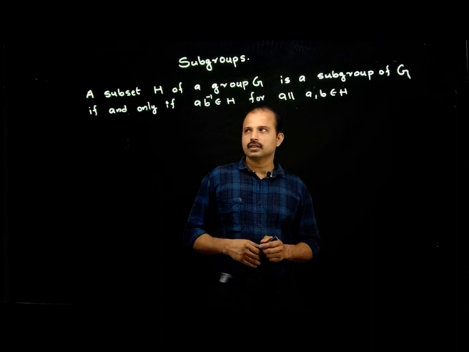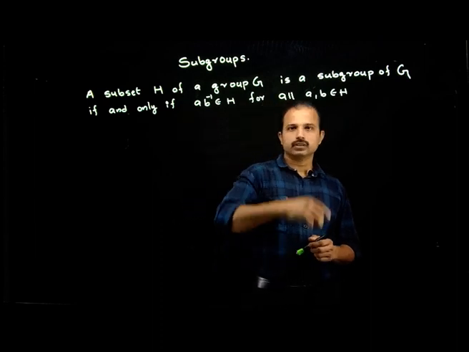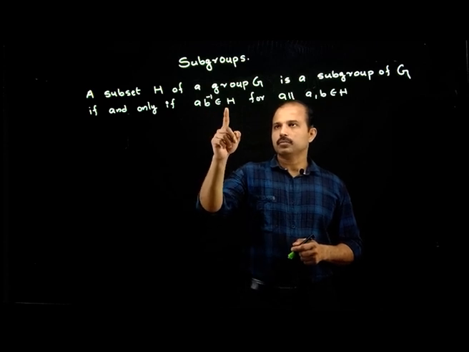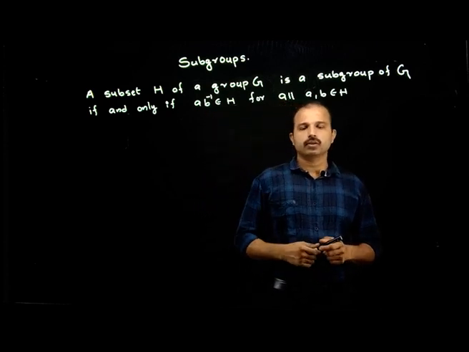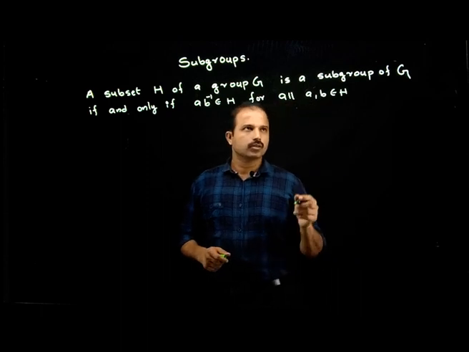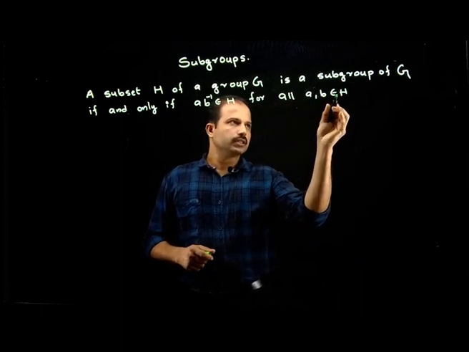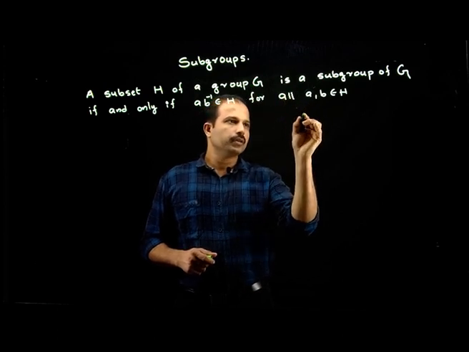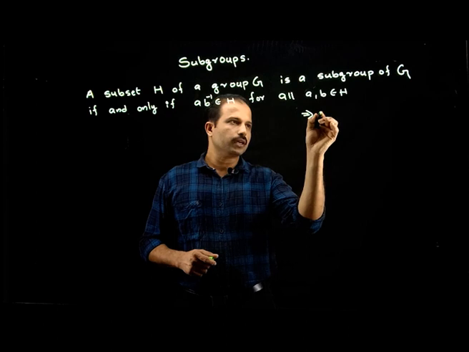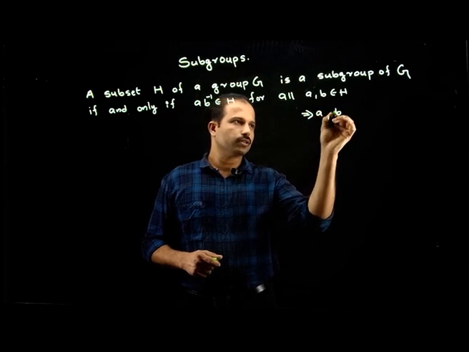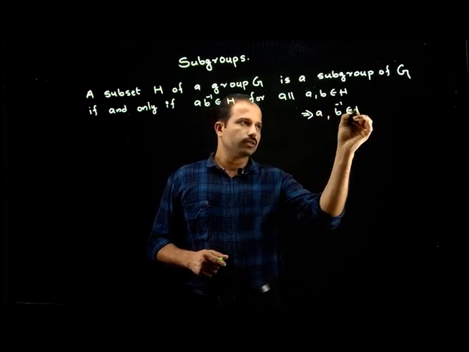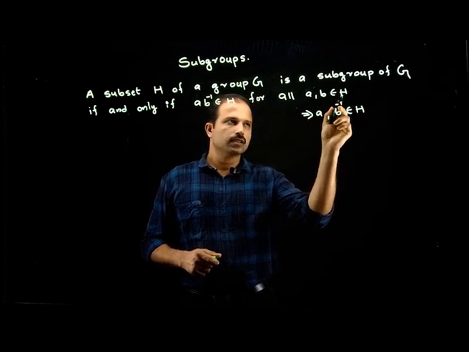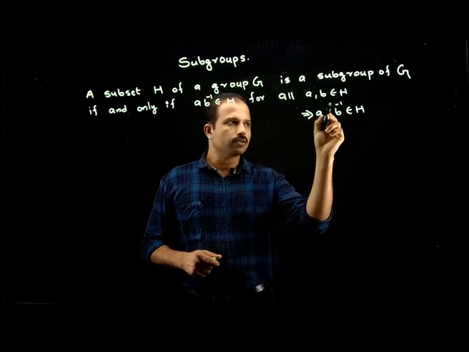In the first part, the assumption is H is a subgroup of G, and by using that assumption, you have to prove that ab inverse belongs to H for all a, b belongs to H. Now, a, b belong to H, and our assumption is H is a subgroup. Then b belongs to H implies that b inverse also belongs to H, because H is a subgroup and b is an element of H, and hence its inverse also should be.